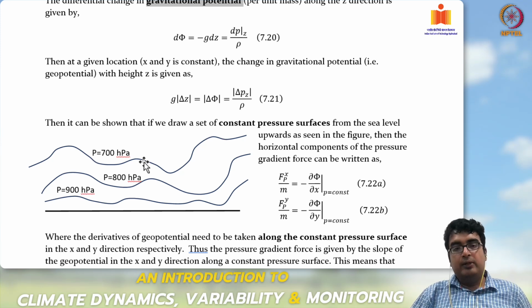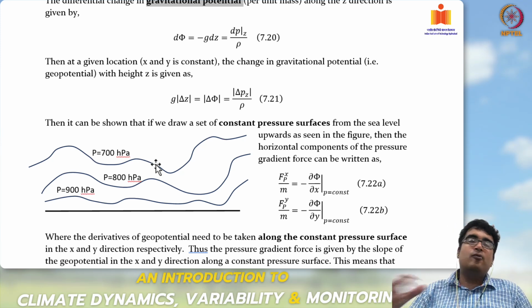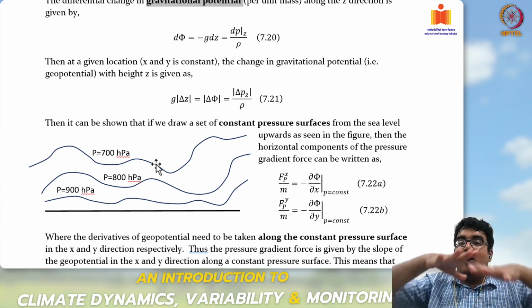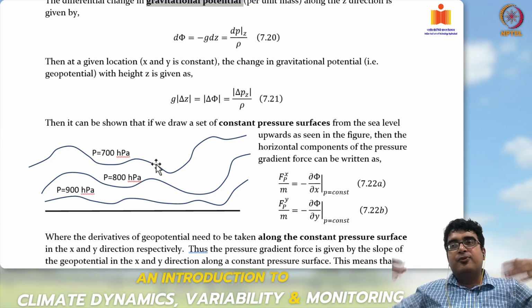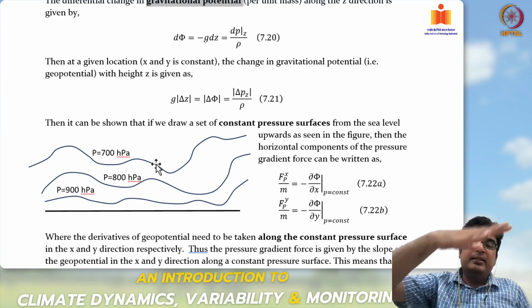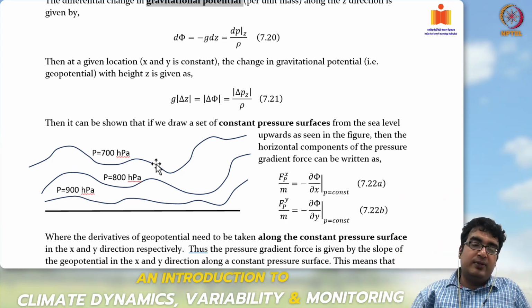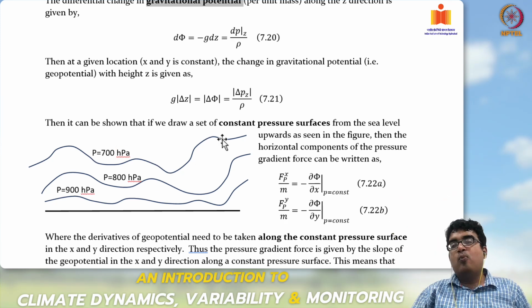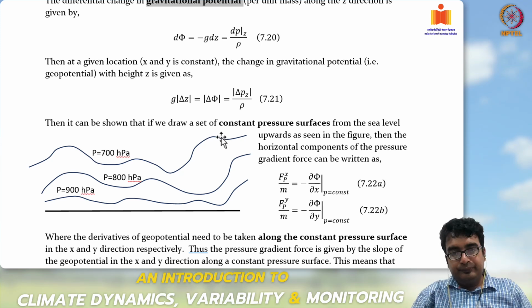Now these pressure lines are unlikely to be completely horizontal. Because pressure gradients are changing in the x, y, and z directions, these isopressure lines will have waves. Somewhere there will be dips, somewhere it will be moving upwards.